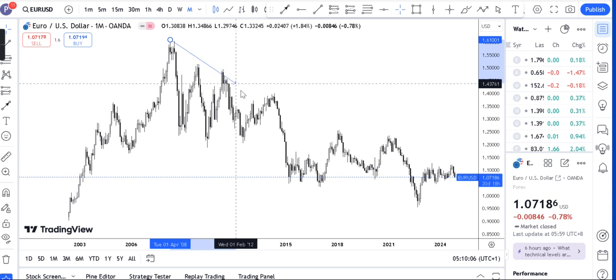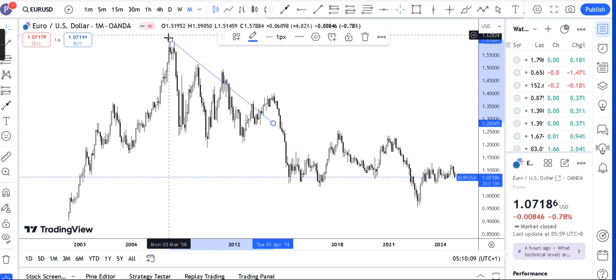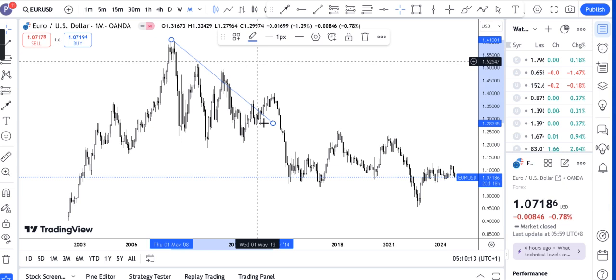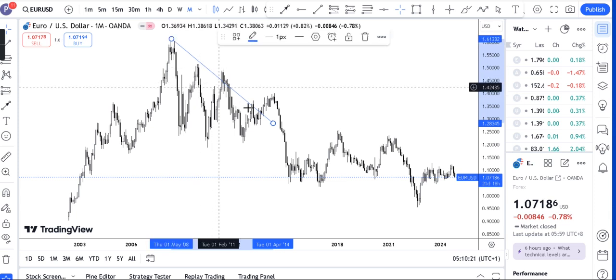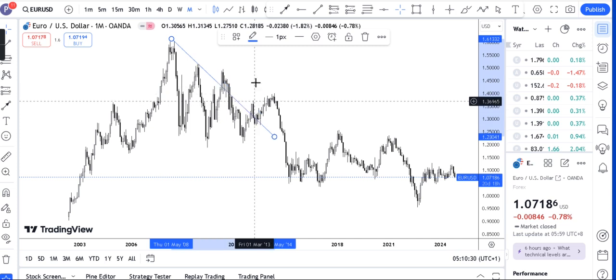But now if we connect our trend line from the highest point of the market to the next lower high, we'll find out that this trend line is not going to be in good alignment with the market.